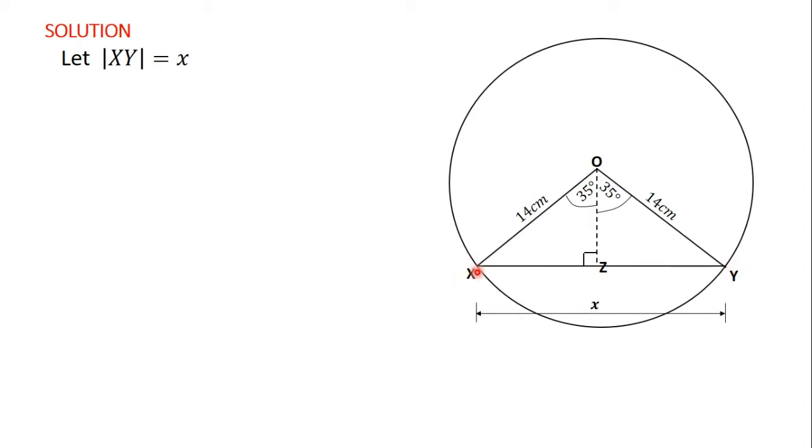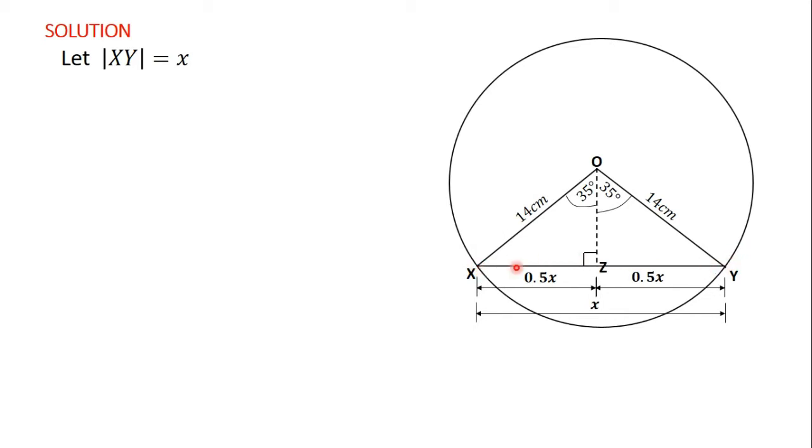So if from X to Y is x, then it means that from X to Z is half of x, which is 0.5x or 1/2 x. Then from Z to Y is also half of x, which is 0.5x. Because OZ will divide XY into two equal parts. I hope that is clear.